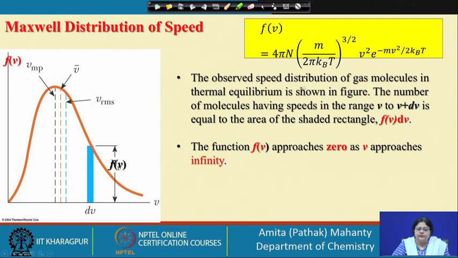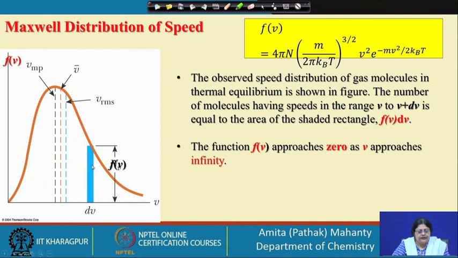The observed speed distribution of gas molecules in thermal equilibrium is shown in the figure. The number of molecules having speed in the range v plus delta v is equal to the area of the shaded triangle. That is f of v into dv.